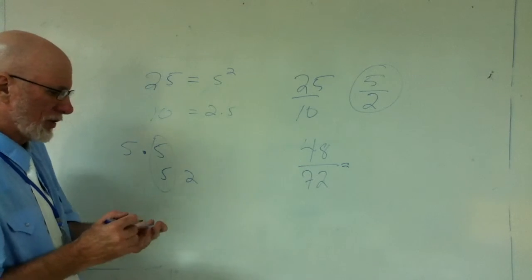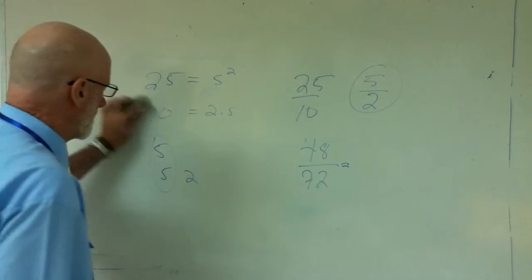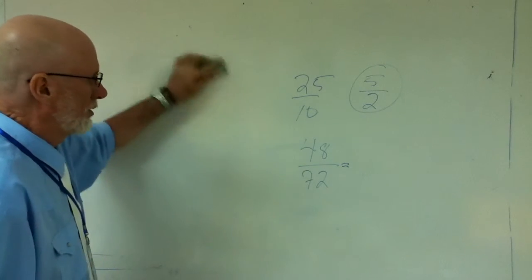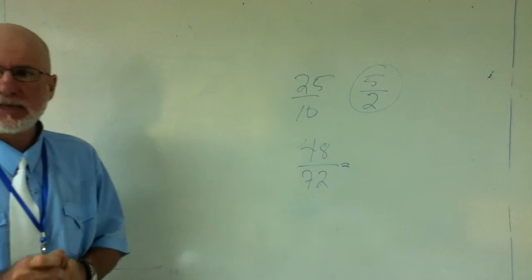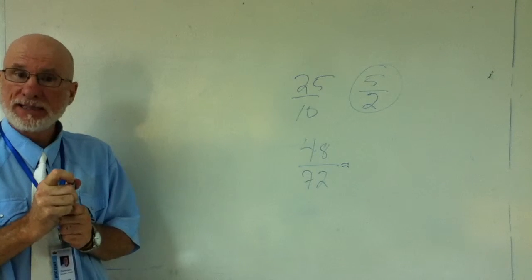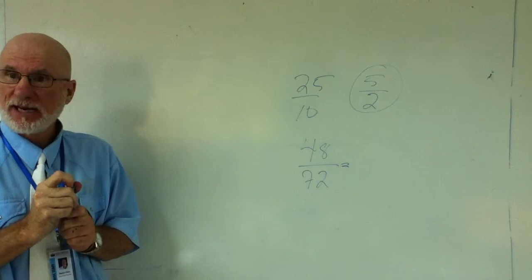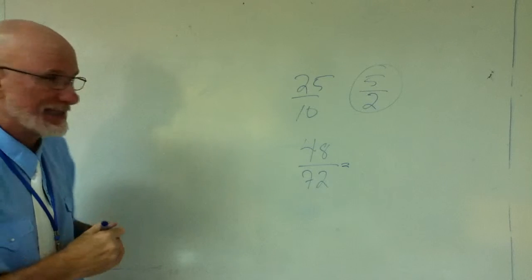Now, what's the greatest common factor between 48 and 72? Listen carefully. Instead of guessing, let's actually do it.